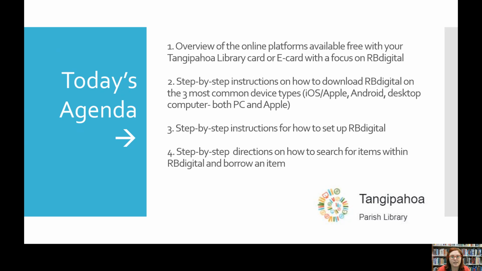I will then provide step-by-step instructions on how to download RBdigital on the three most common device types: Apple, Android, and a computer, both PC and Apple. Then I will provide step-by-step instructions for how to set up RBdigital. And finally, I will give you directions on how to search for items within the app and borrow an item.